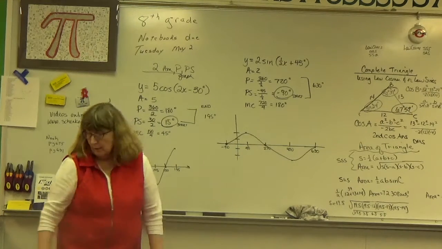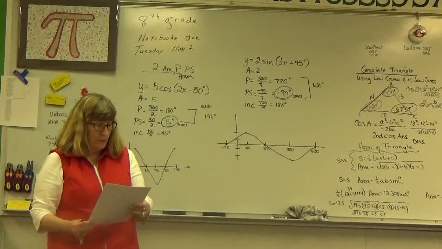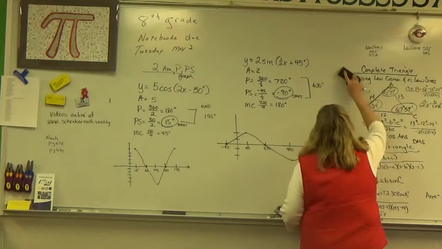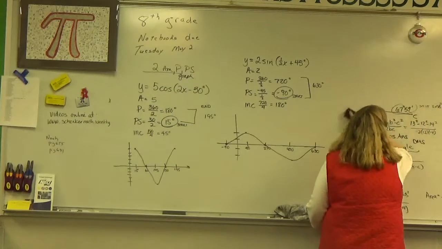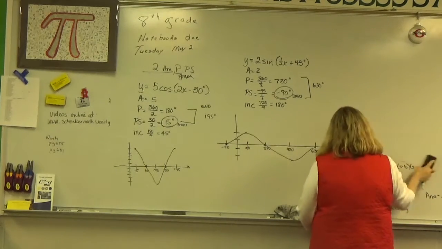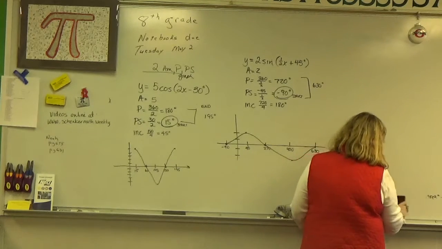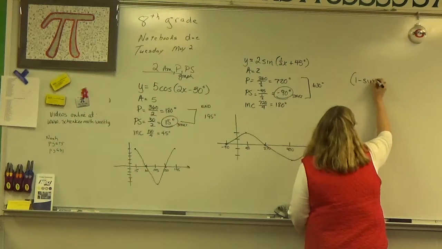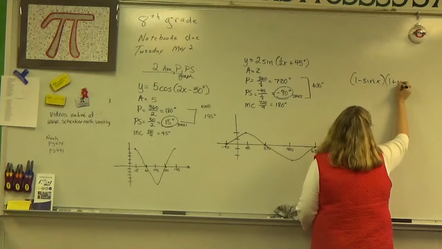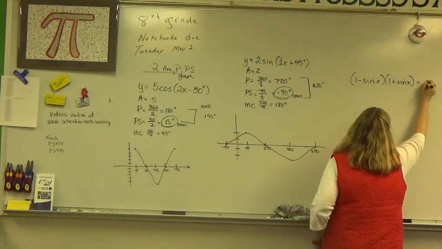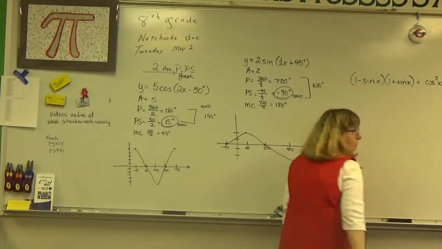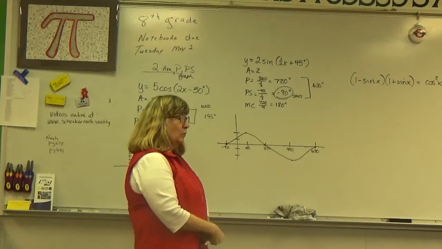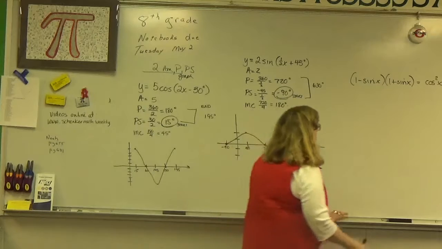Next is verify a trig identity. That means you make one side look like the other side. And it is pretty basic, I'll tell you that. It's going to be easy stuff. Which side are we going to work with?